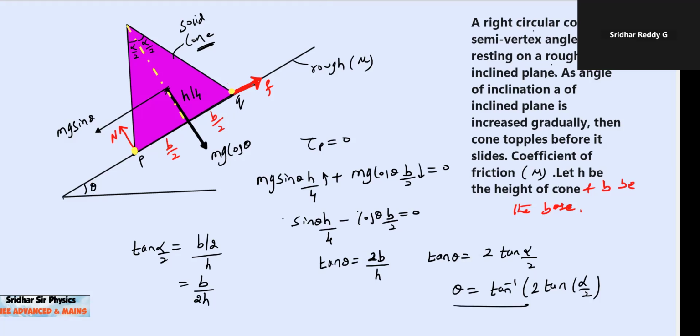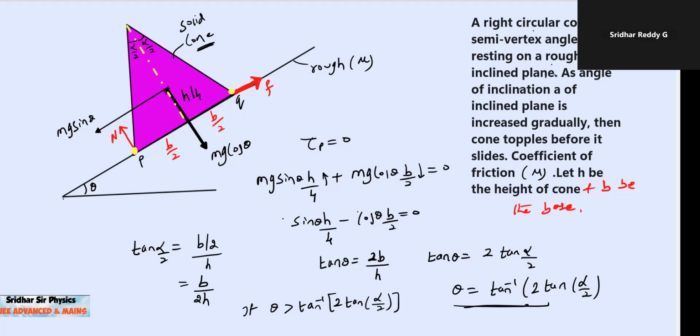So what can we write here? If theta is greater than this value, the cone will topple about P. I think 4 will come, no?